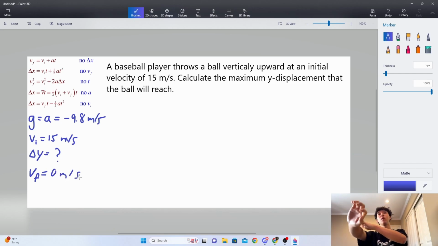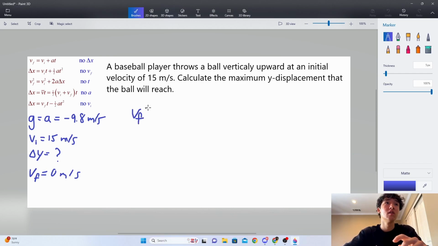So now, what do we have? We have acceleration and both velocities. We do not have time, so this is the equation we're going to use. So final velocity squared is just 0.